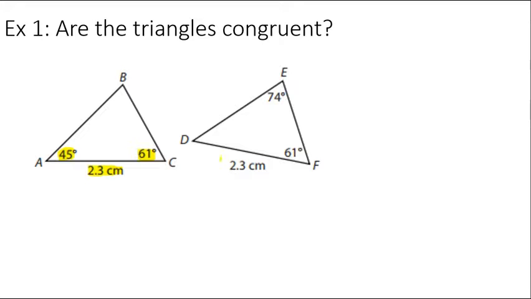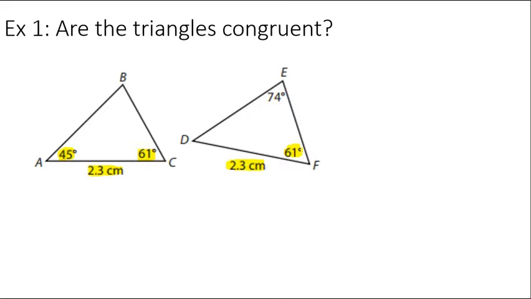On the other triangle, they give you that same side and they give you the angle 61, but we don't know what angle D is. And we have to show that angle D and angle A are congruent and corresponding in order to be able to at least try to answer this question.